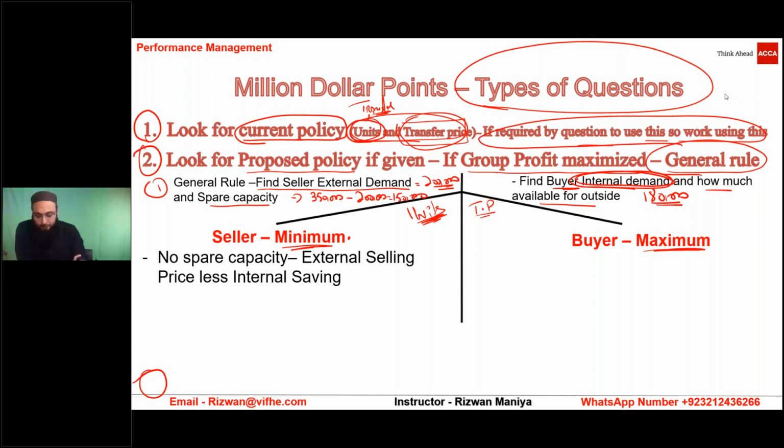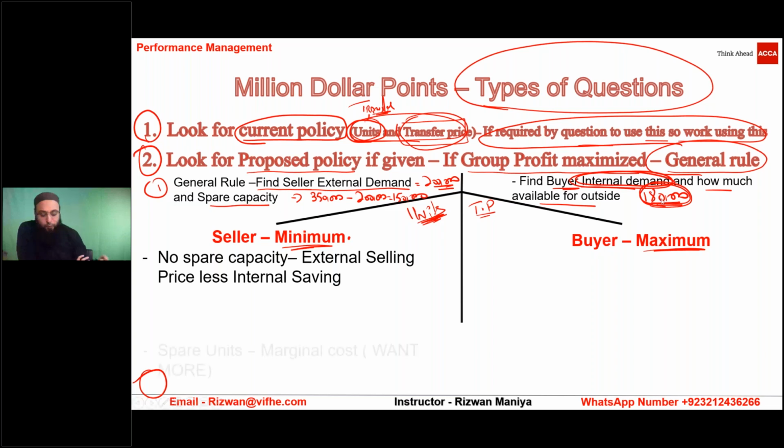First of all, from the seller perspective, the seller will give you the idea of the minimum that the seller can charge. Now, the internal demand is 180,000, right? How to fulfill the internal demand?